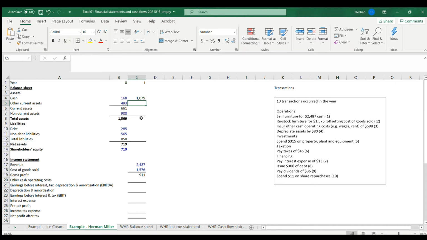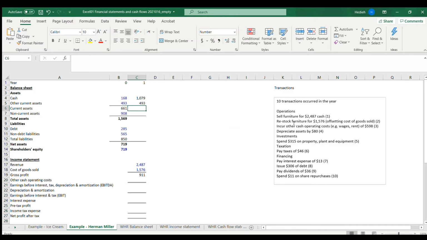Another thing that happens here is that because the company restocked furniture, the level of current assets, which here is the inventory of the company, doesn't change. In other words, whatever inventory the company had and used for production, it went and restocked. So the other current assets that include inventory don't change. Okay, so I add this here too.